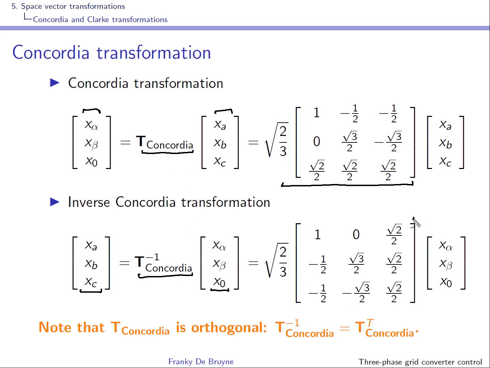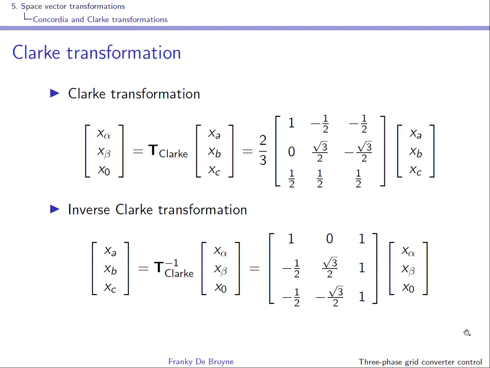So this is this inverse. If you look closely, you will see that this inverse matrix is simply the transpose of this one. So this means that this transformation matrix is orthogonal. Why is that? Well, you know from the course on linear algebra that if the inverse is equal to the transpose, your matrix must be orthogonal.